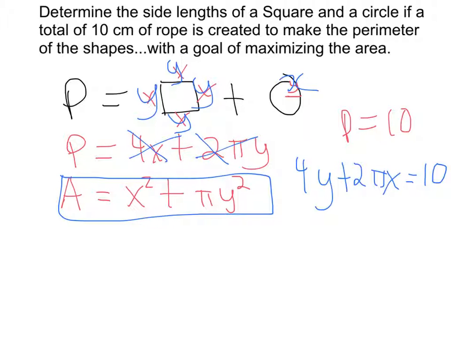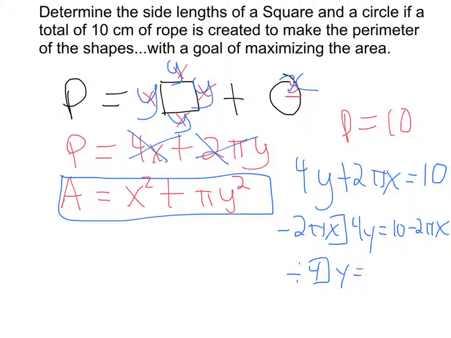So I need to isolate for y in that equation and substitute it into the area equation. So in order to do that, I'm going to have to subtract 2 pi x. So 4y will equal 10 minus 2 pi x. And divide both sides by 4.